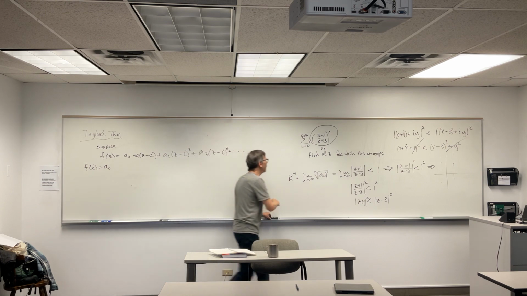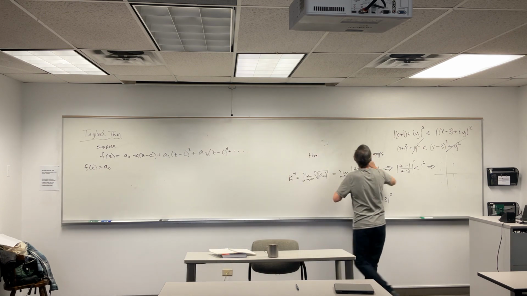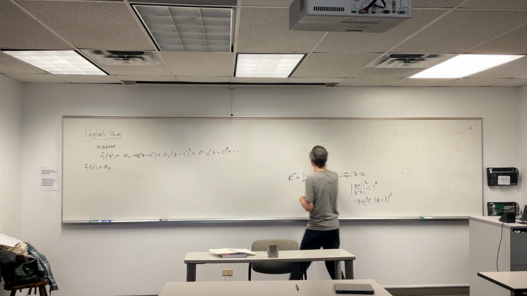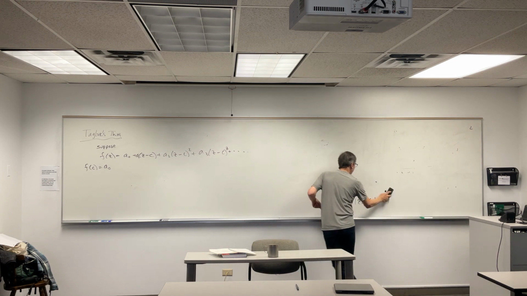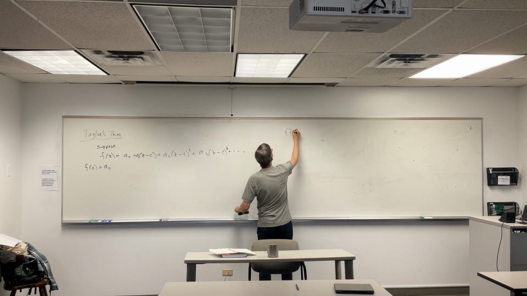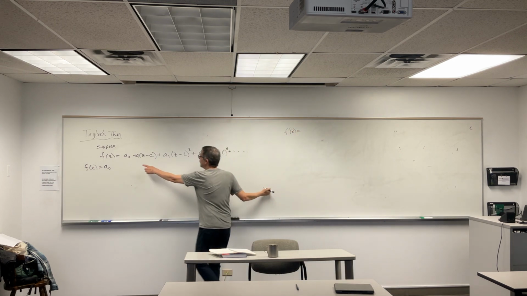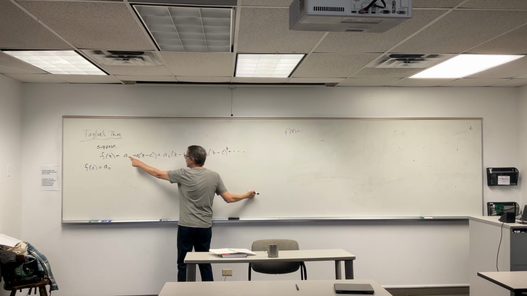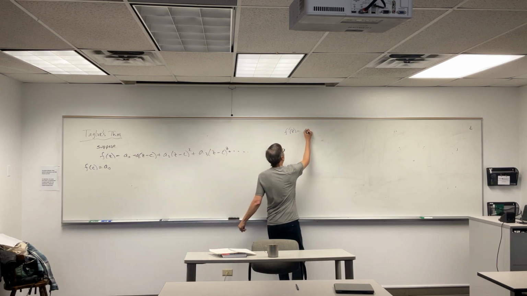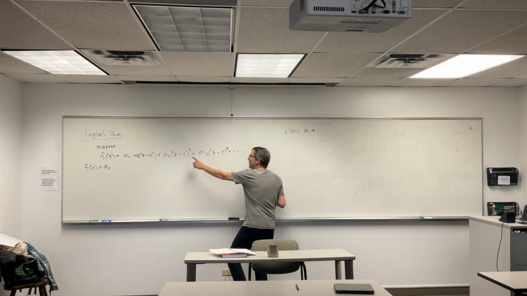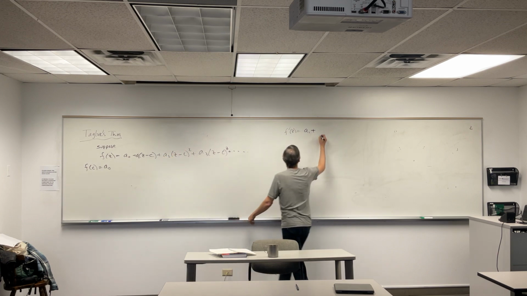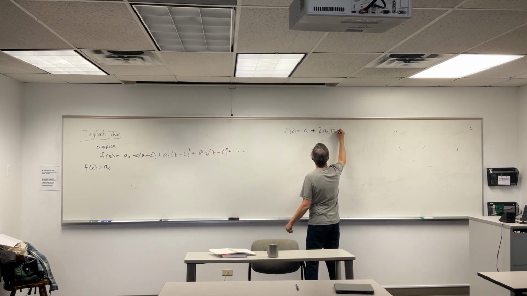Let me put them over here. So f prime of z is going to be, this term is dead. This turns to a1, so I start with a1. Plus, the power rule brings that 2 out in front, so I've got 2a2 times z minus c.